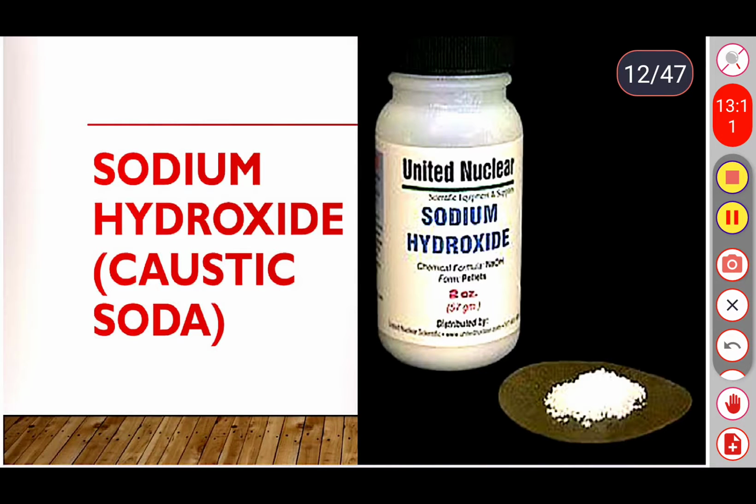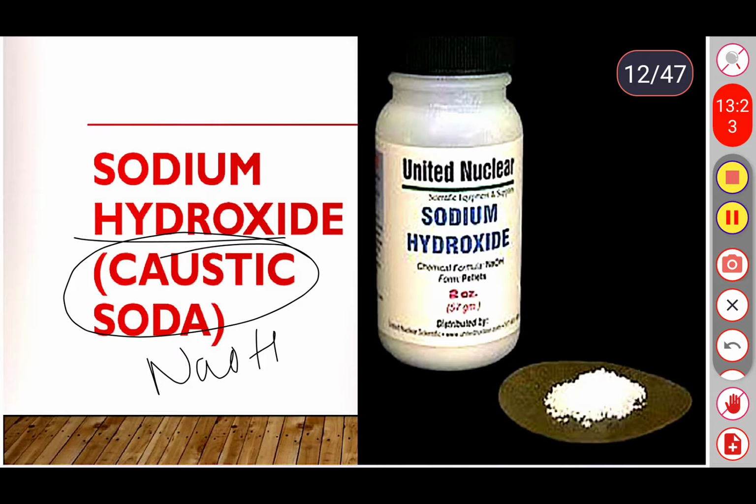Next compound is caustic soda. The molecular formula of caustic soda is NaOH, sodium hydroxide, or caustic soda. So caustic soda is prepared commercially by the electrolysis of a strong solution of sodium chloride. Already discussed in the previous slide, with the help of sodium chloride we can prepare many types of compounds.